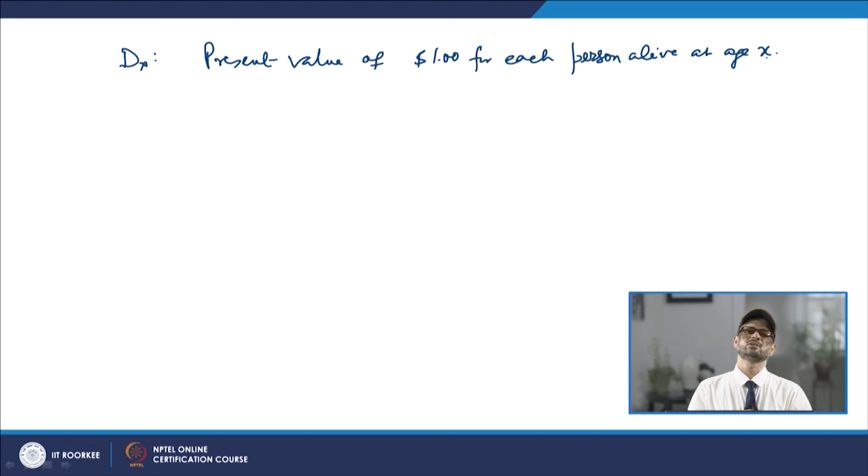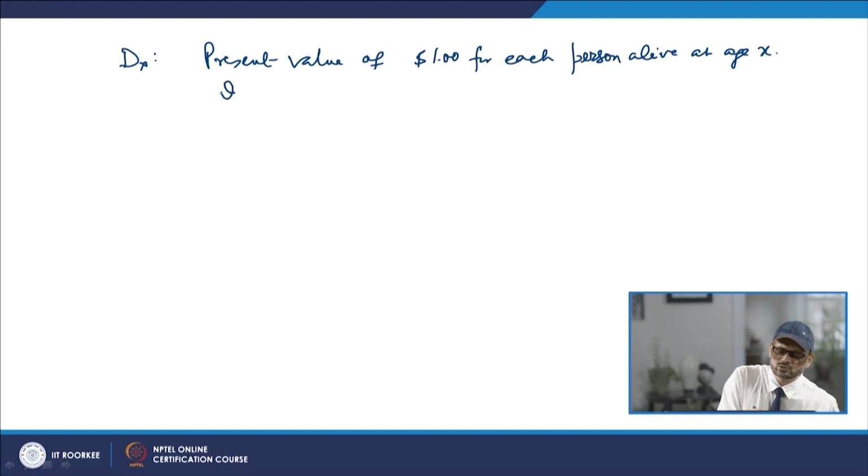For finding the present value of something in the future, you have to multiply with the factor 1 by (1 plus r) raised to the power n, where n is the time period and r is the interest. Based on that we calculate this Dx.